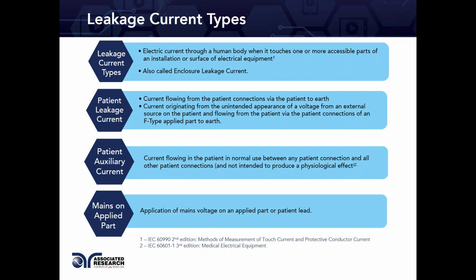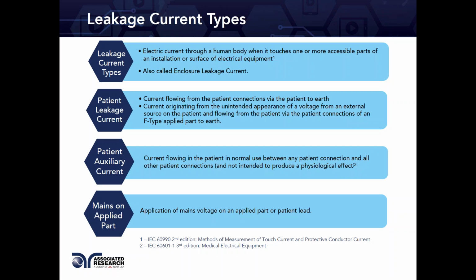This definition comes out of the standard 60990 second edition, and this is where a majority of your touch current requirements comes from the standards. This is also called an enclosure leakage current. Now, a leakage current that happens on the surface of a product, basically this definition is describing what kind of leakage current you could observe or feel or measure if a product is powered on, and any excessive leakage current flowing to the chassis.